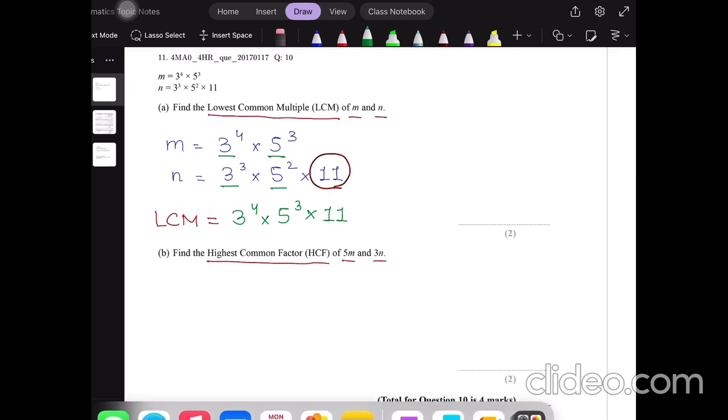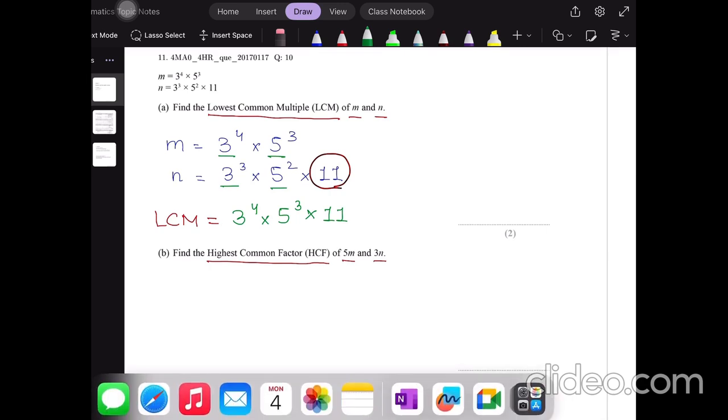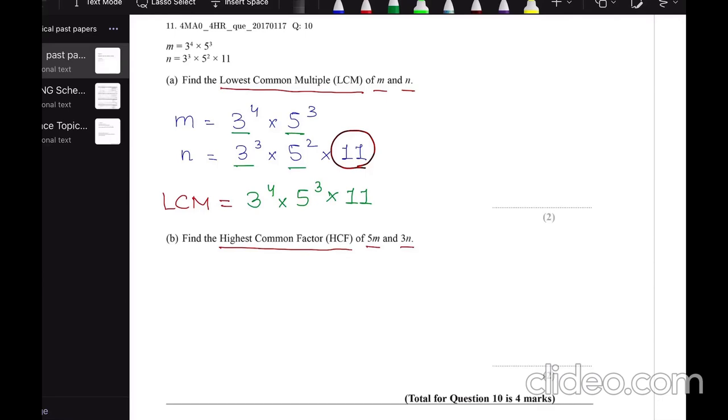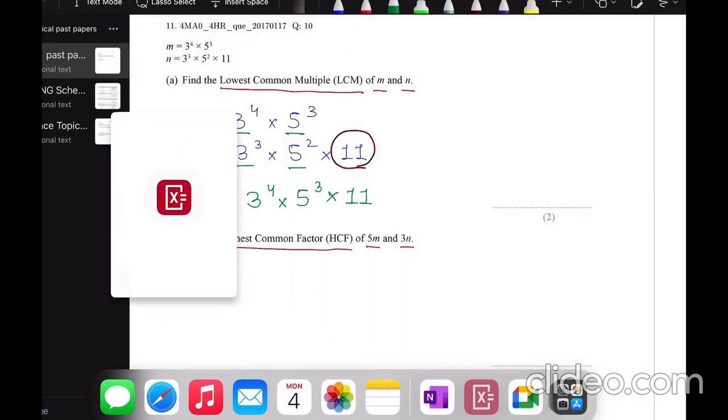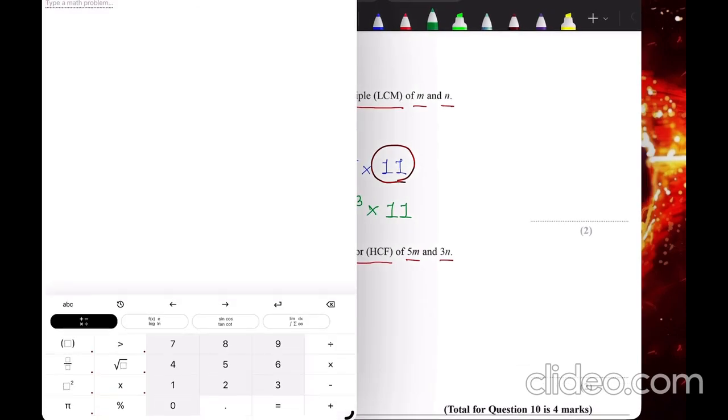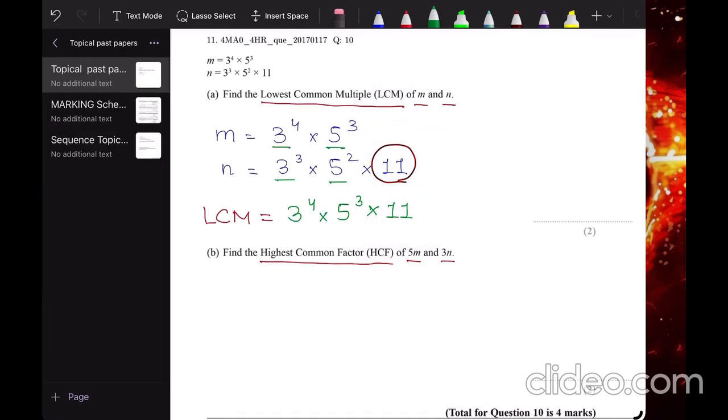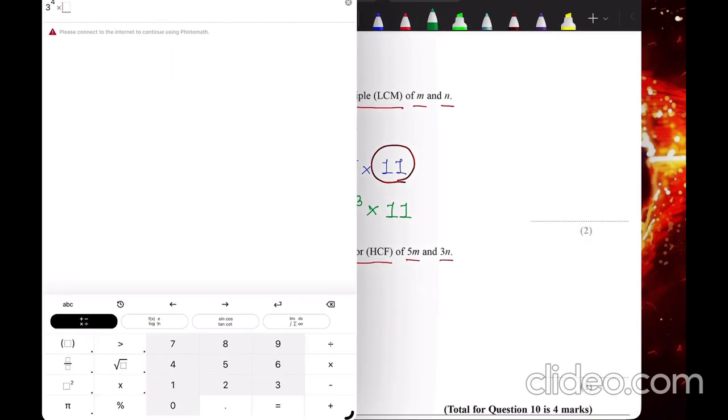So let's use the calculator and see what answer we get. Let's open it: 3 exponent 4 times 5 exponent 3 times 11.